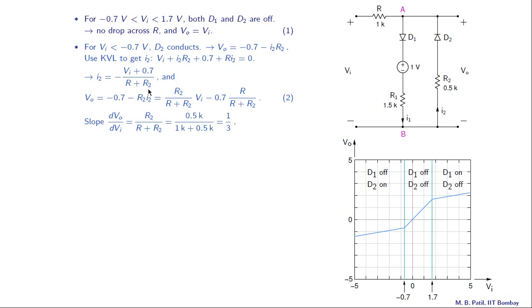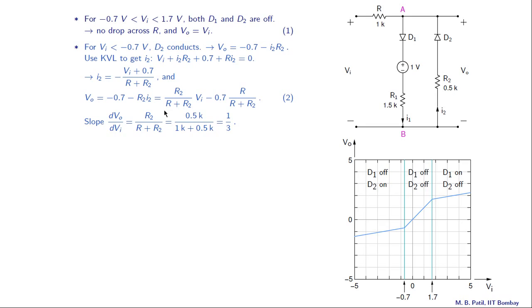Let us substitute this I2 now in this equation for Vo, and that gives us Vo equal to R2 by (R plus R2) times Vi minus 0.7 times R by (R plus R2). The slope dVo/dVi is given by this factor here.